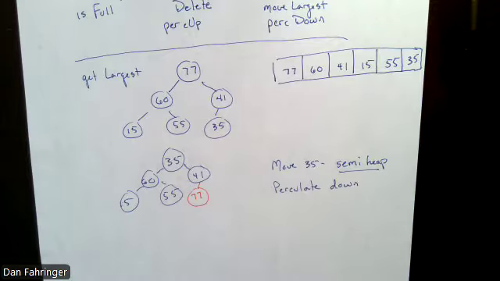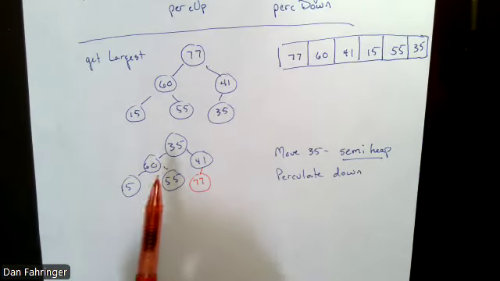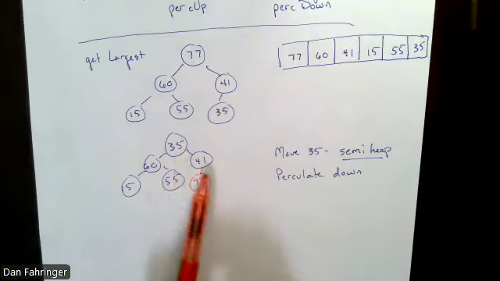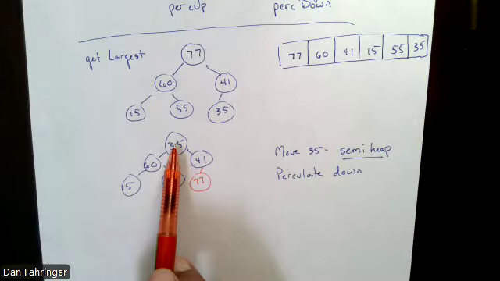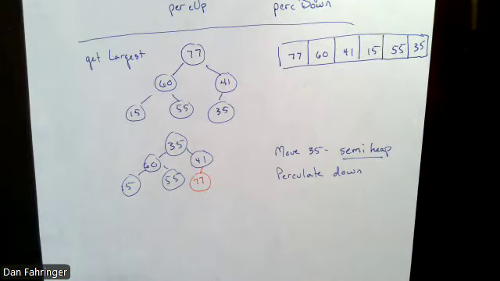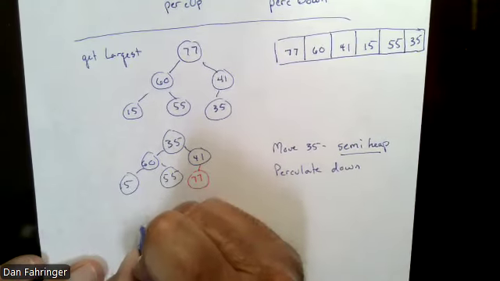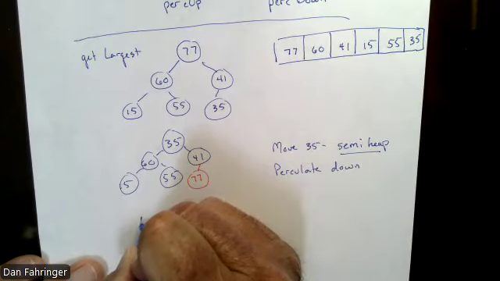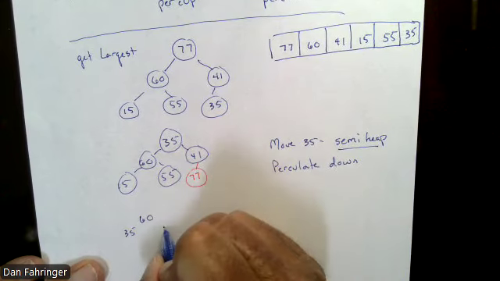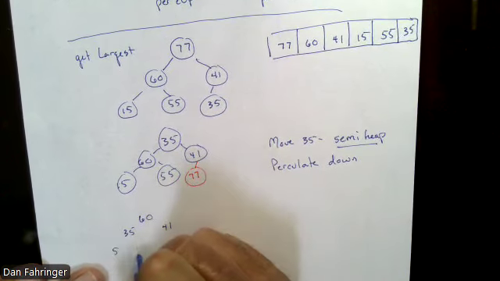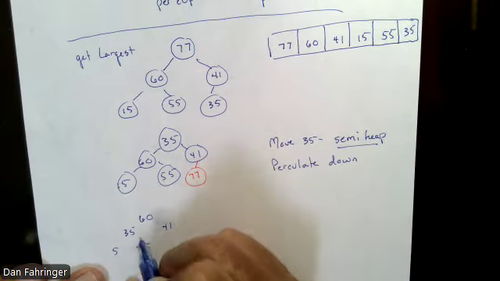Now, how do I percolate down? Well, I'm going to say, what's the biggest of the two numbers? Well, this 35's got to go. So he's going to switch with 60. So the first thing is I'm going to have 60 now up top, 35, which is like my key number, 41, 5, 55.